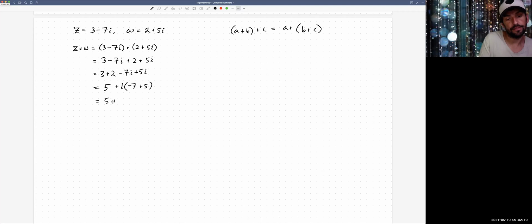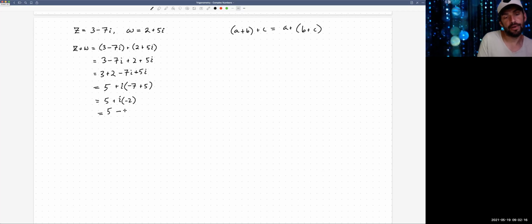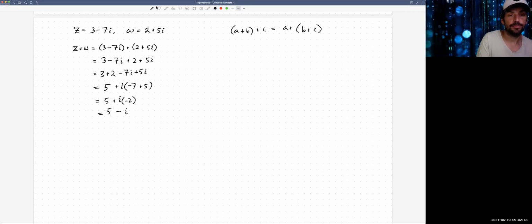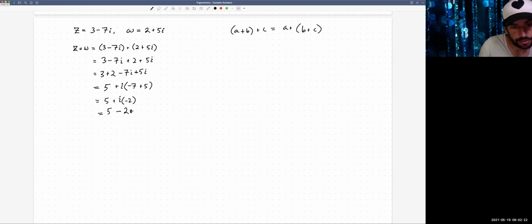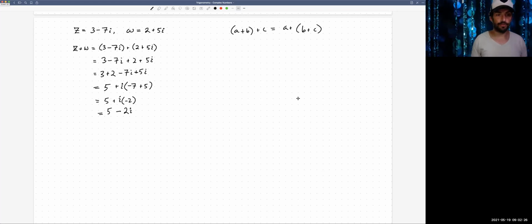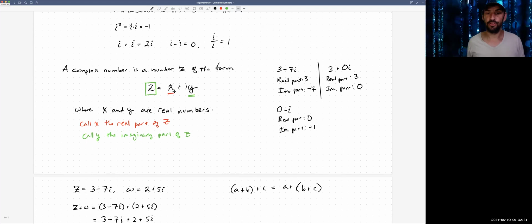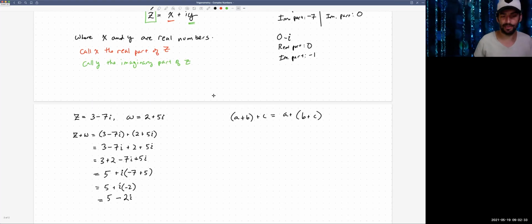So this is 5 plus i times negative 2, which we would usually write as 5 minus 2i. Okay, right, so a couple things. I know that when we define them, I wrote z equals x plus iy, and that's typically how people write it.